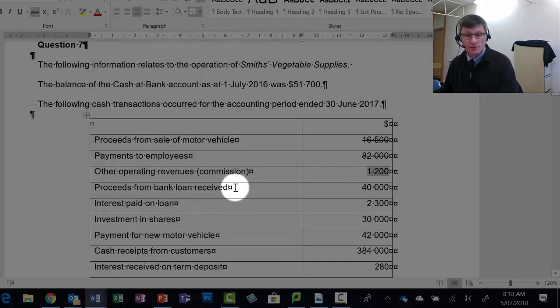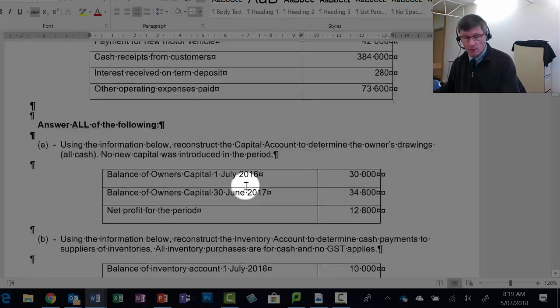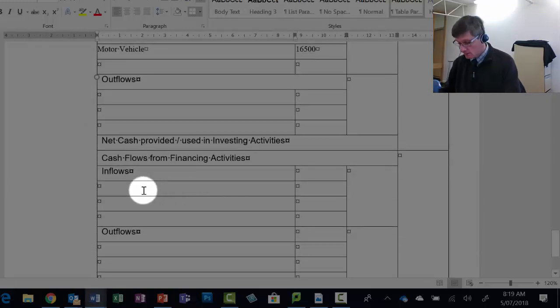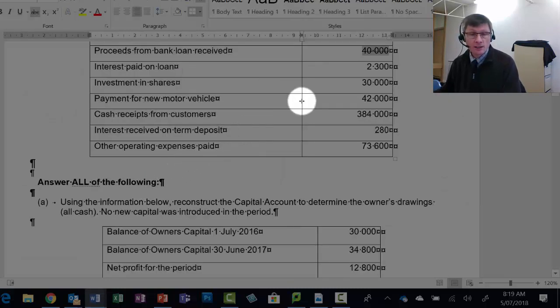Proceeds from a bank loan received. So obviously we got a bank loan from the bank, and it's a $40,000 inflow to our business, and that is a $40,000 inflow in the financing section. So put that in, 40,000. So I've done that.